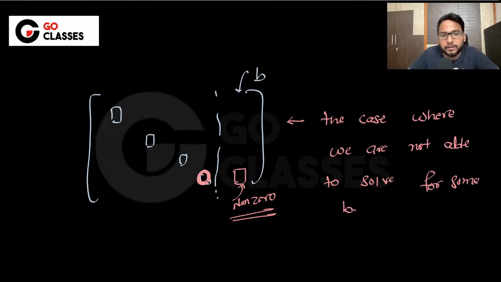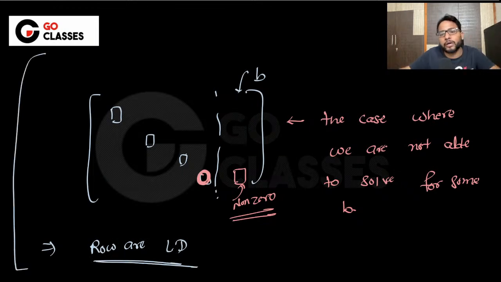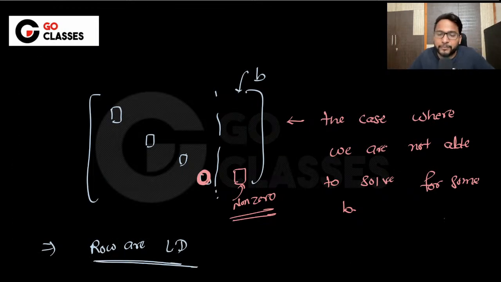Which means what? That there is at least one row which is not having a pivot. Which means that if this is 0, rows are linearly dependent. From this conclusion, if you are not able to solve for some b, then it must mean that rows are linearly dependent.